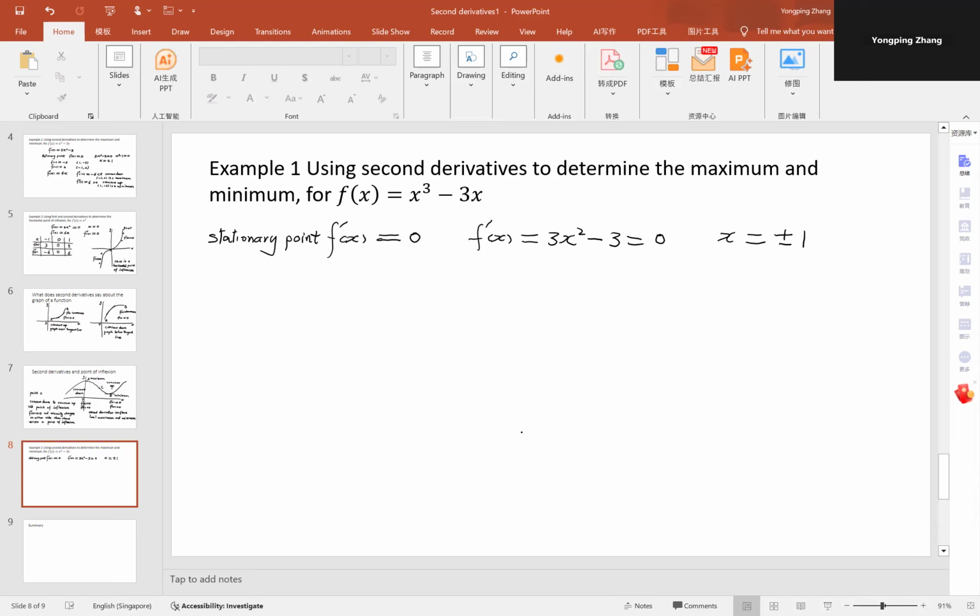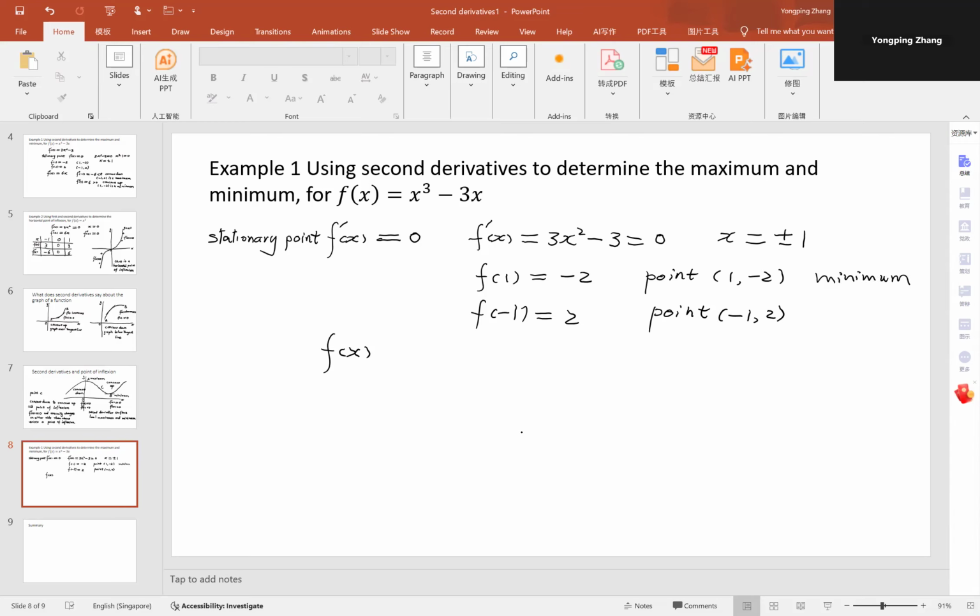Also, f'(-1) equals 2. This point is the minimum and this is the maximum point.